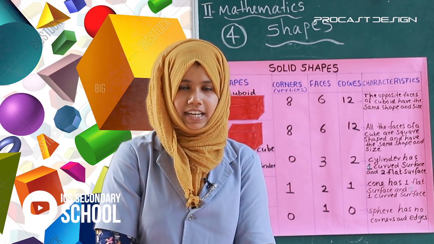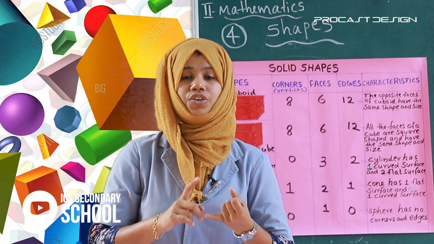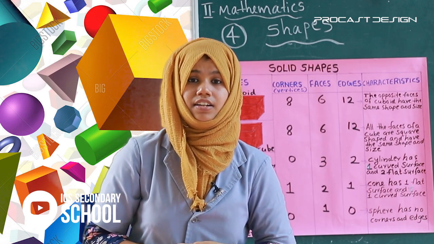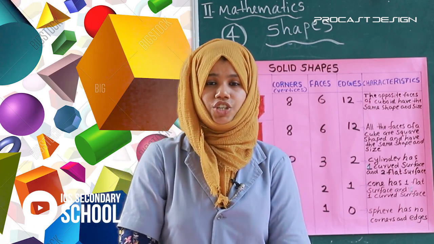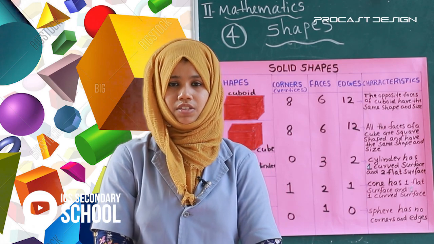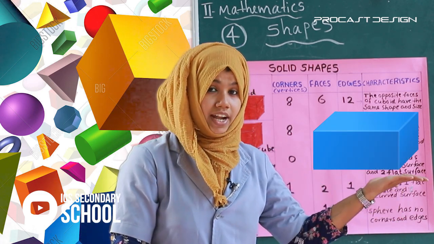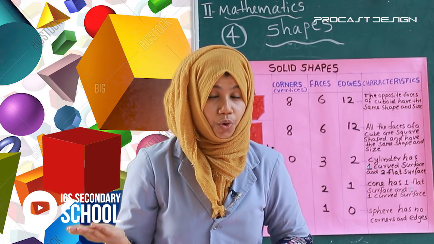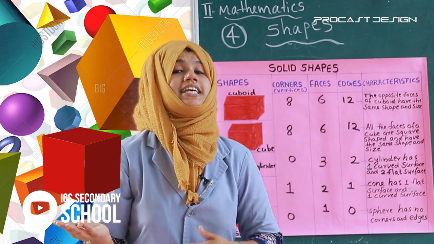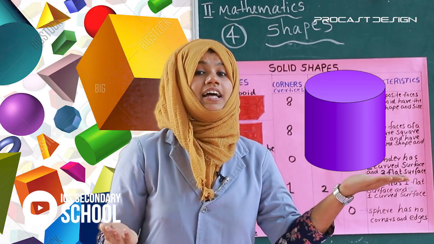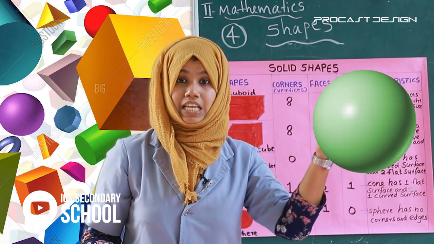Is it clear? So what are the plane shapes? Square, rectangle, triangle and circle. And what are solid shapes? Cuboid, then cube, cylinder, cone, and the last one is sphere.